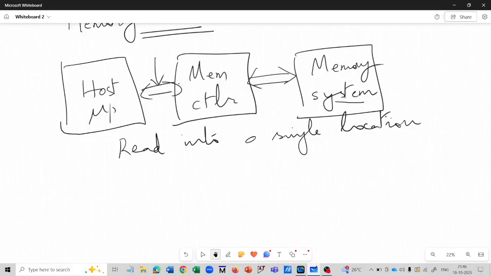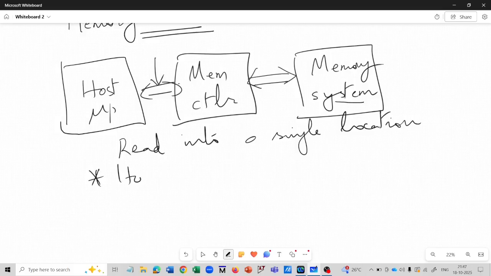So it makes sense to delegate all the accesses to this memory to a memory controller. So the idea is the host will initiate the read transaction, and the memory controller will complete this transaction and interrupt the processor when the transaction is complete.